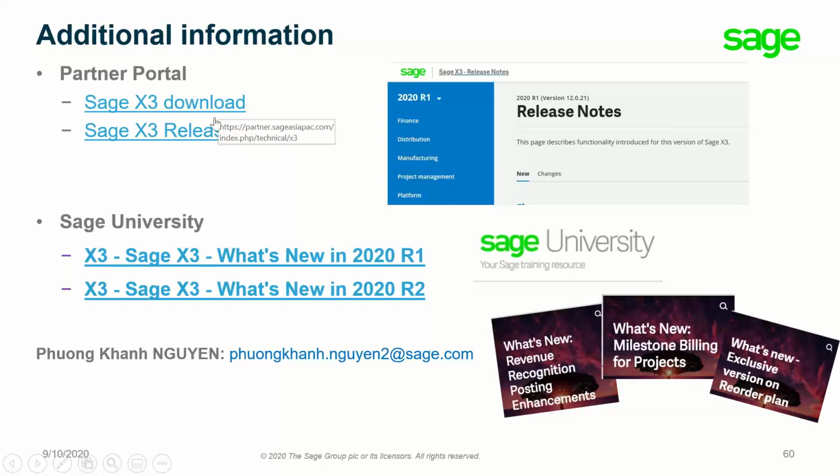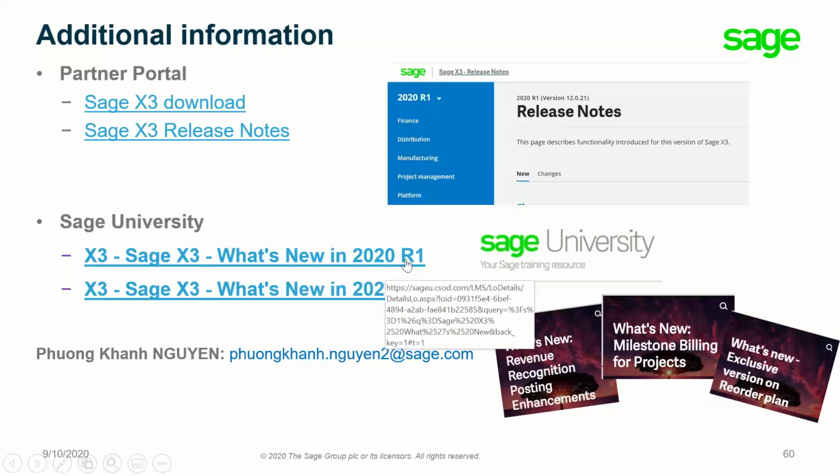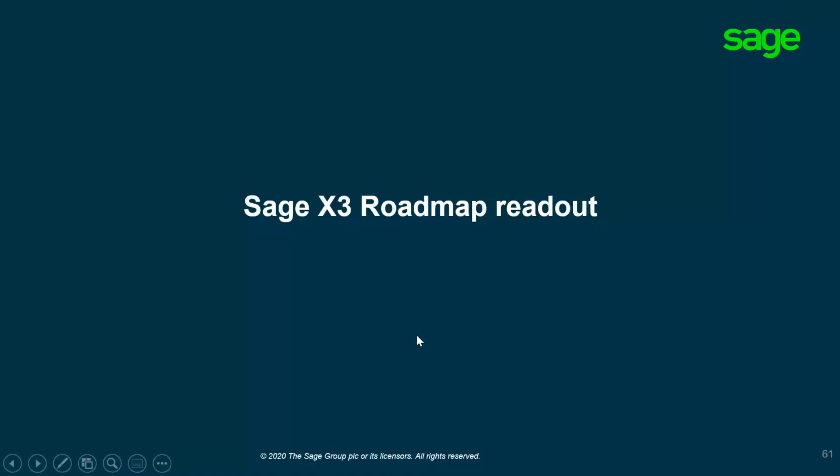We have put the links here for you. And for our partners, our consultants, professional services, we encourage you to register for the courses in Sage University to learn more about what's new in 2020 R1 and R2 with more details, of course.